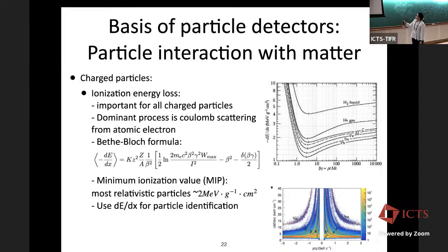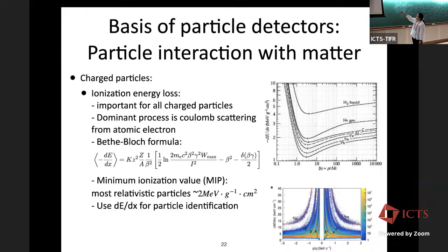This shows the so-called dE/dx, the energy loss, versus the momentum here. You can see there are curves for different materials, but all have a similar structure. Here, at this region where you start having a little bit higher velocity, it rises quickly because of this term here.